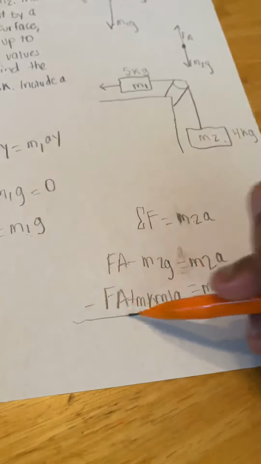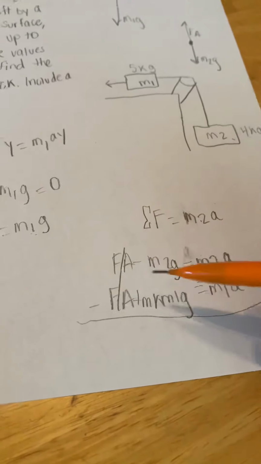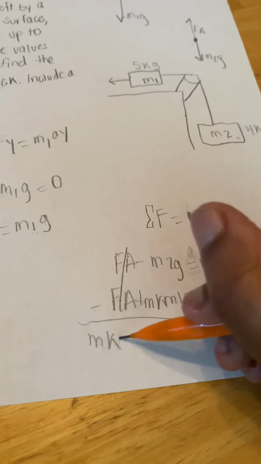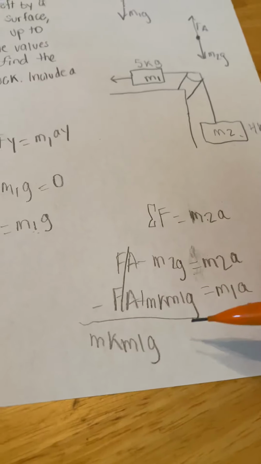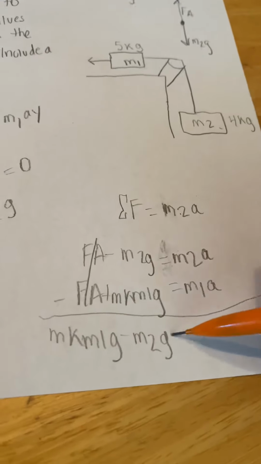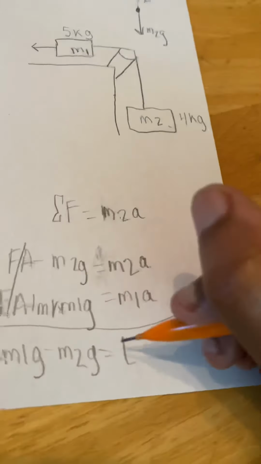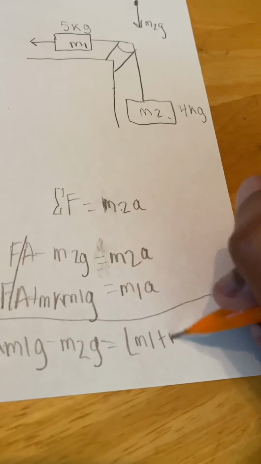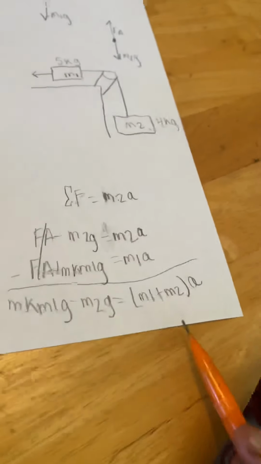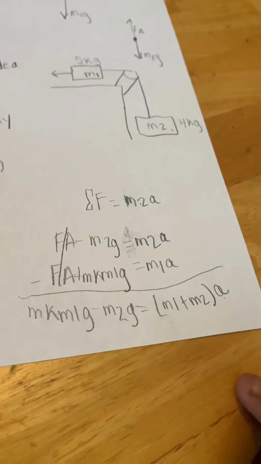So if you put that all together, these two cancel out, and so that will be mu_k M1g minus M2g equals M1 plus M2 times a. We're trying to find the acceleration, so you put a on the outside.